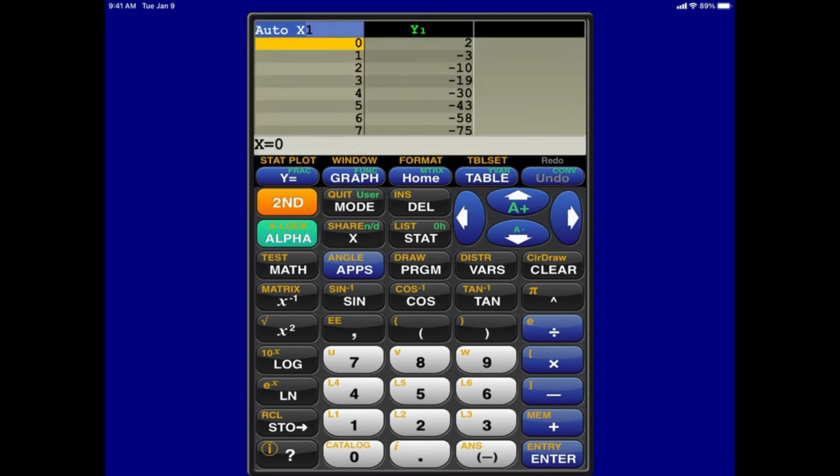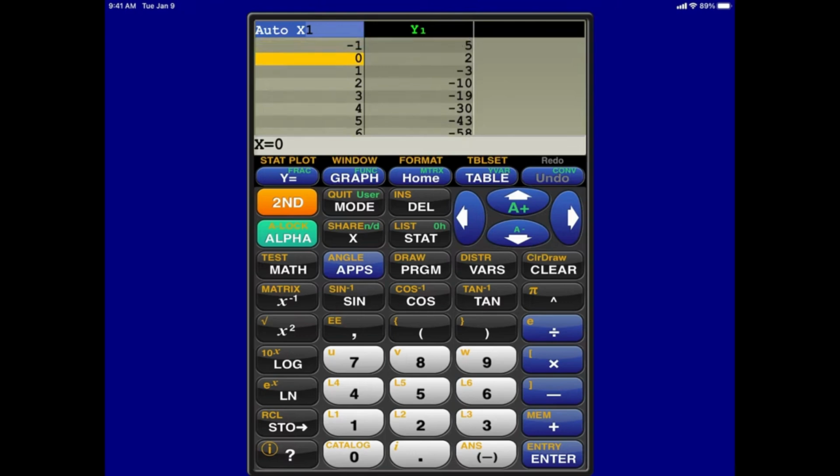And they're called inflection points. Inflection points. It's when the y value is changing between a positive and negative value. There's a change between a positive and negative value. So I can see it right there. It's between 0 and 1. And right there.